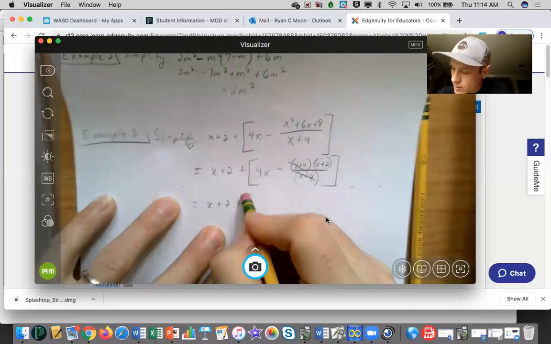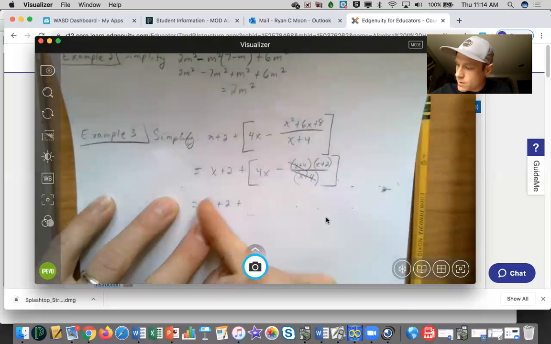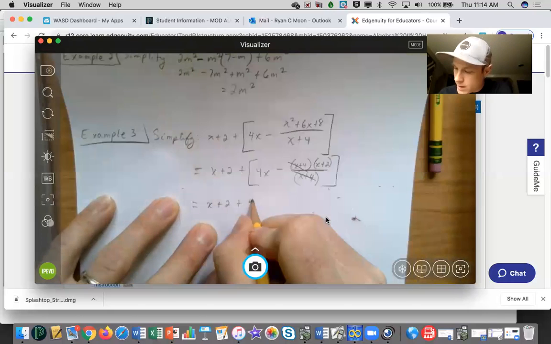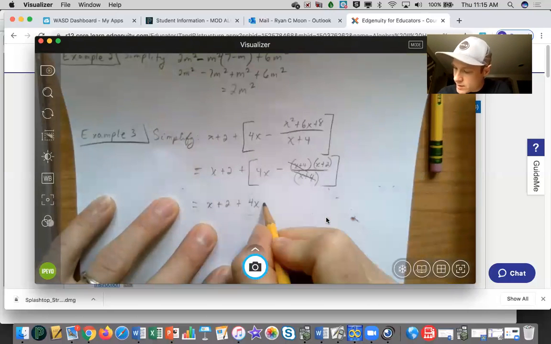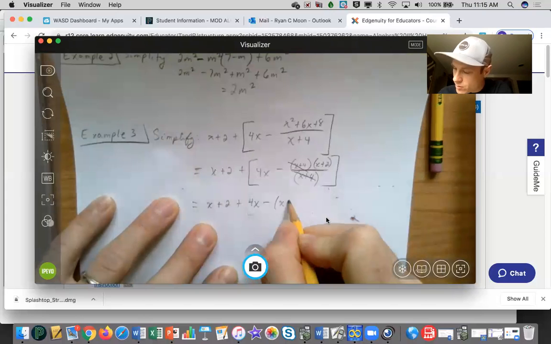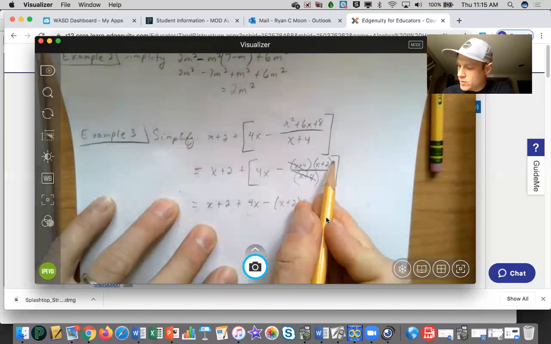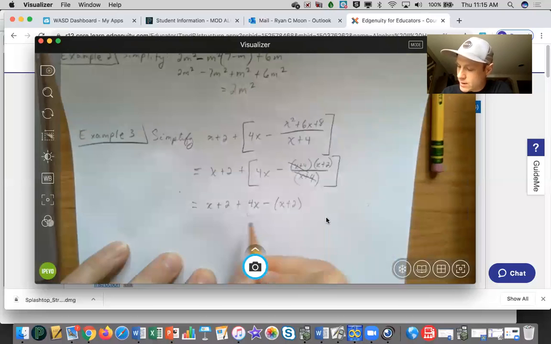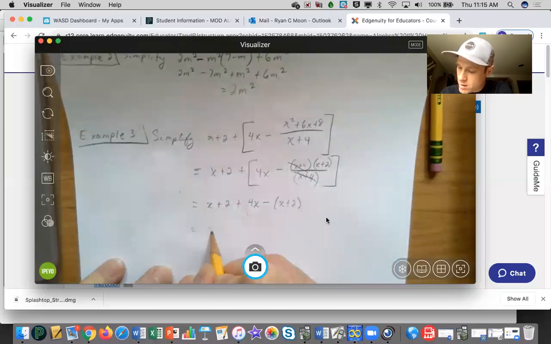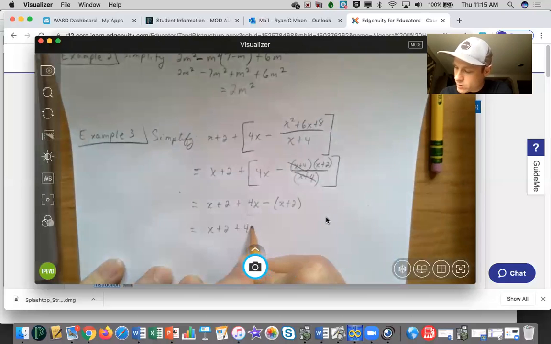Switch erasers here. Get that out of there. So I have 4x minus, and here's a tricky part, x plus 2. So that minus does need to be distributed to the x plus 2. So I'll do that, and then I can finalize my answer after simplifying all like terms.